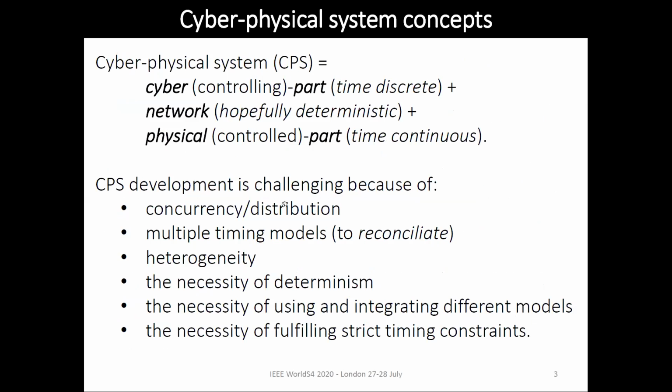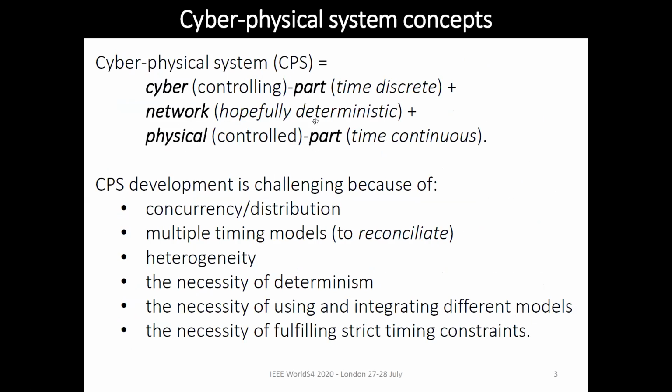Just to recall, in the presentation of Professor Ince this morning there was some note about CPS. The challenge of these systems derives from the fact that they consist of three parts: a cyber part, which is the software, the network, and the physical part.